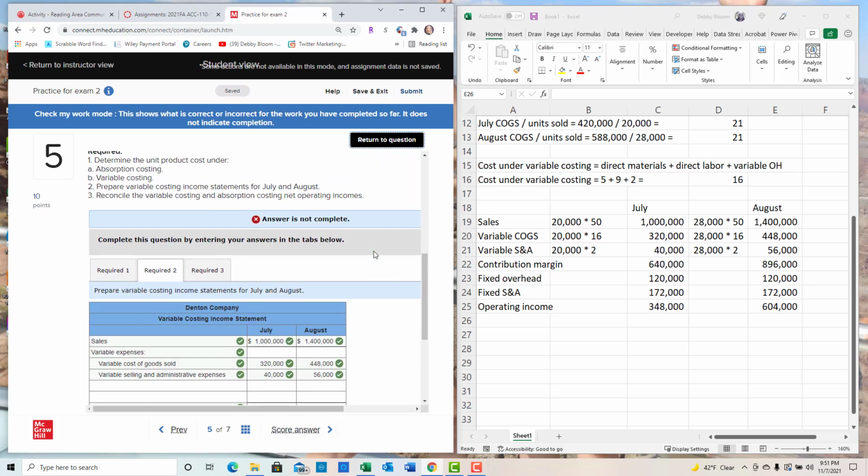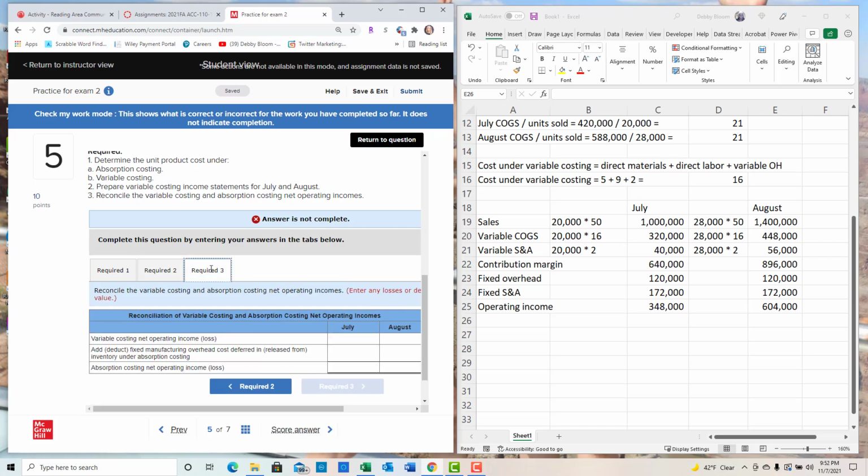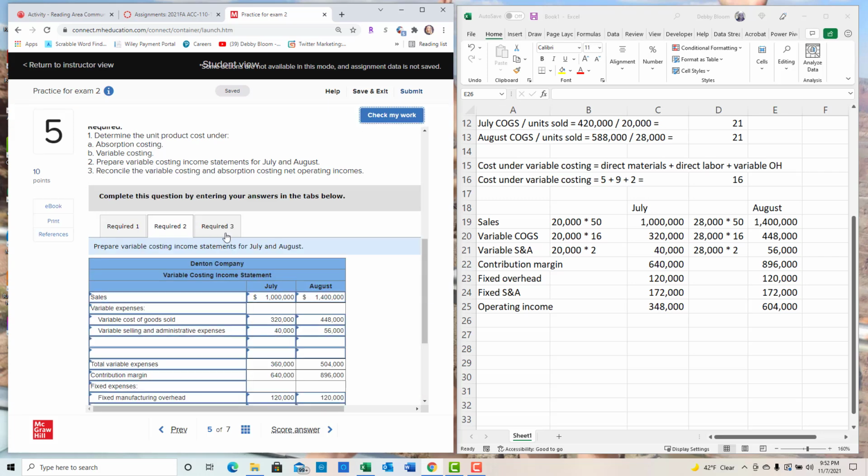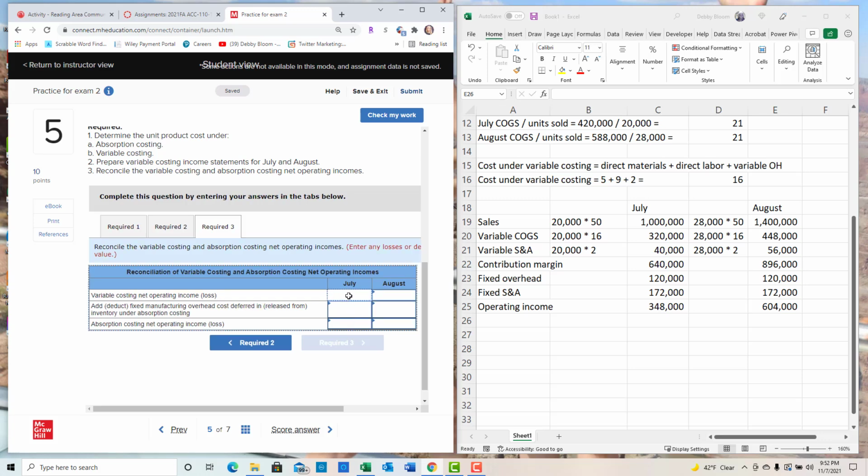Now in requirement number 3, we're just supposed to reconcile the variable costing and absorption costing net operating incomes. So let's go to requirement number 3. In July, our variable costing operating income, we still have it on the board here, is 348,000. And in August, it was 604,000.